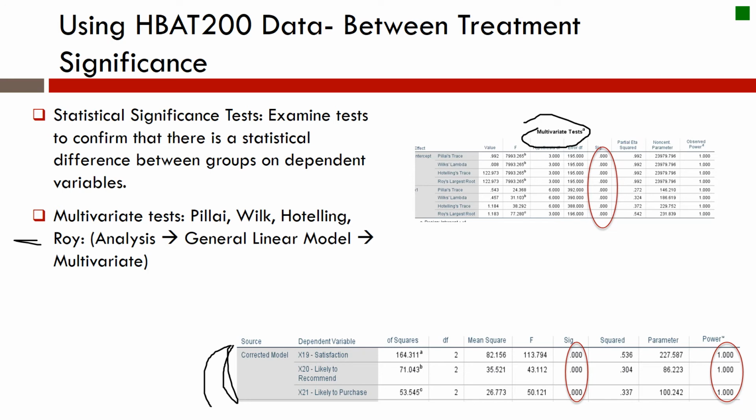So the multivariate tests that we run, the Pillai's, Wilks', Hotelling's, and Roy's test, is what we look at. And those all, as a collective group, indicate that there is significant difference between the variates for each of the three groupings that we have, and specifically that we have some significance across each of the variables as well.